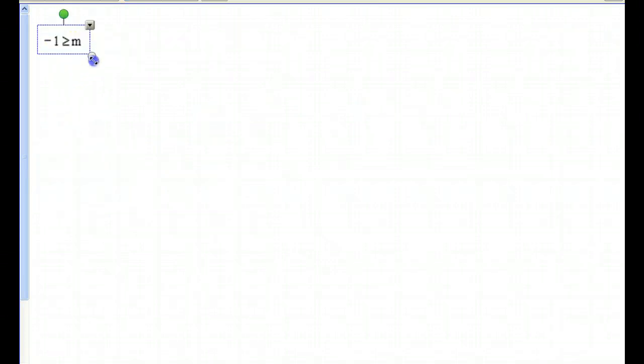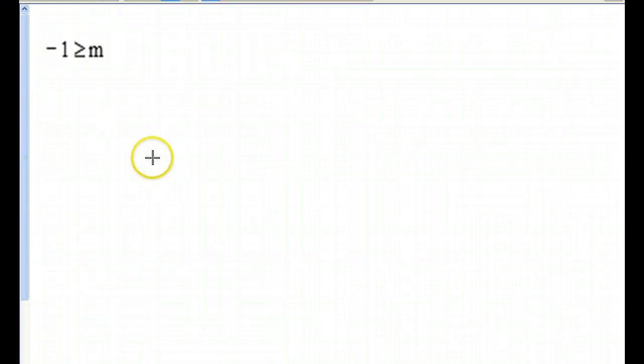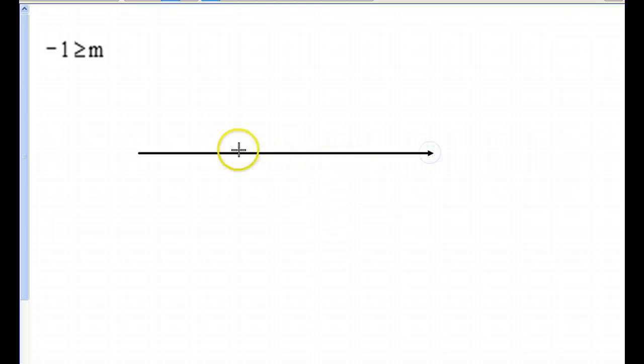Alright, this one, -1 is greater than m. Normally, to get a number line correct, I tell people to flip this thing around.